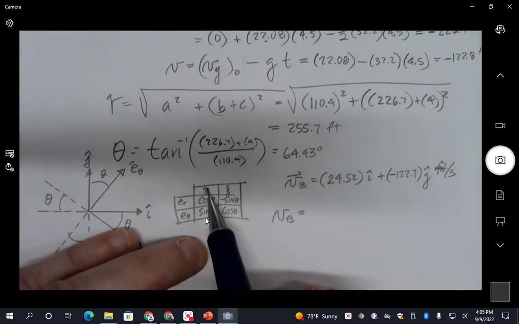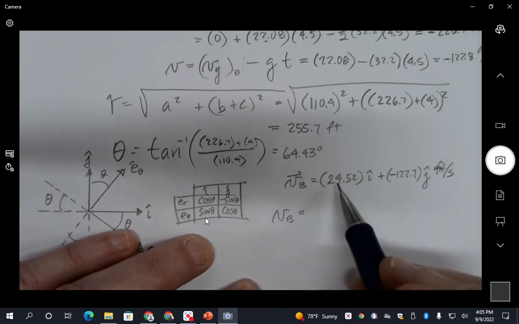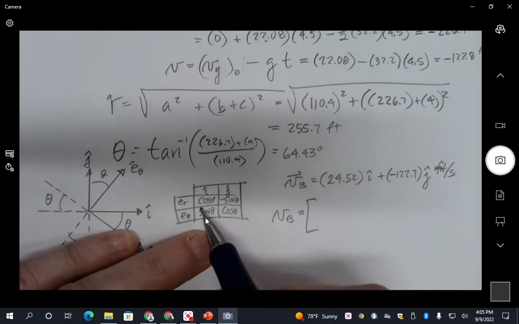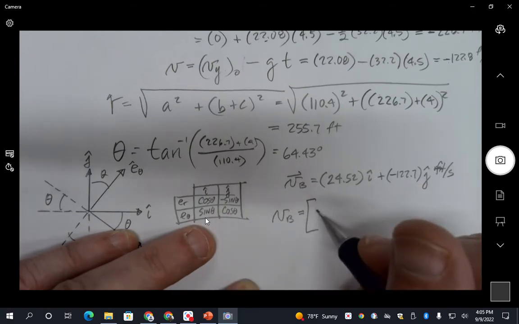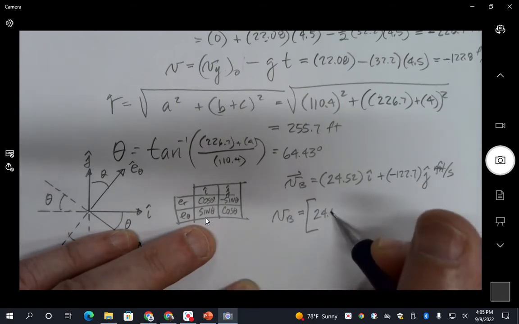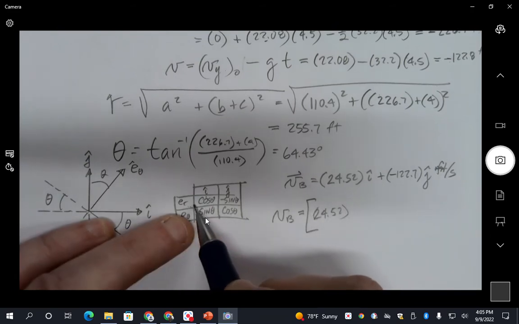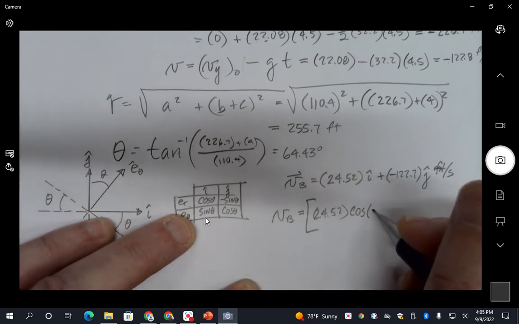We're just finding the velocity. We have two parts to it, so let's go ER first, I'm sorry, ER first. So we go 24.52 from the I times this ER, and so the cosine of 64.43.